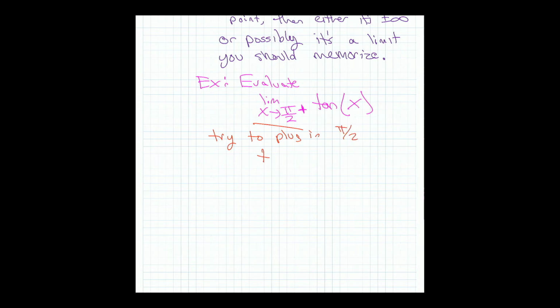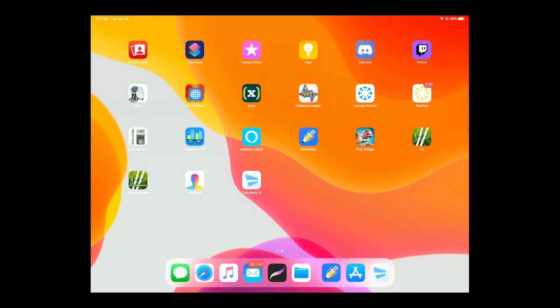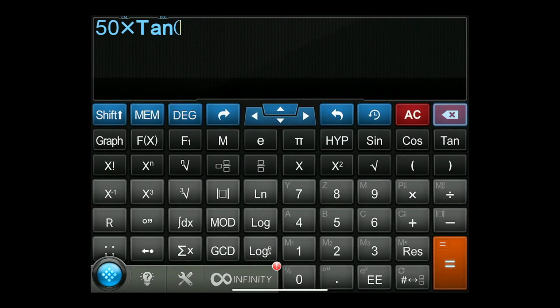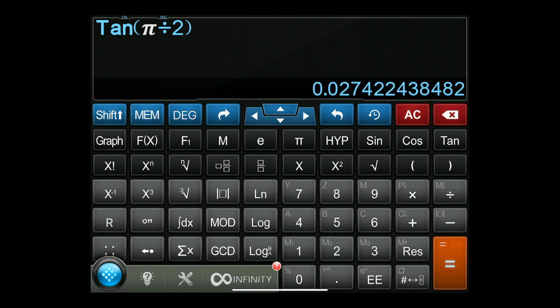So you get tangent pi over 2. Okay, so I have a calculator. I'm going to punch that in. Actually, let's use this calculator just to see. Tangent pi over 2, enter.